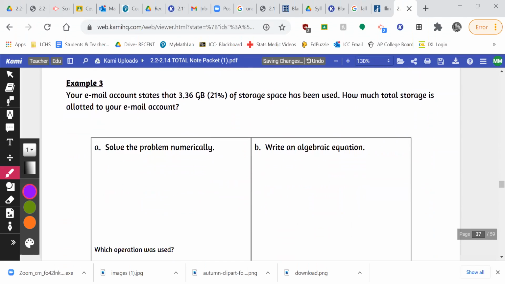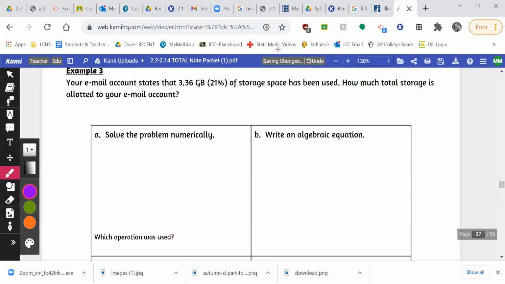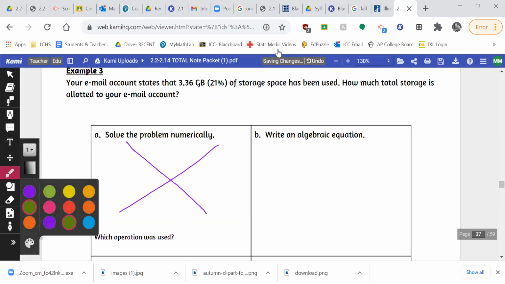Okay, looking at example 3. Again, I'm going to have us jump straight into doing it algebraically. This says your email account states that 3.36 gigabytes or 21% of your storage space has been used. How much total storage is allotted in your email?